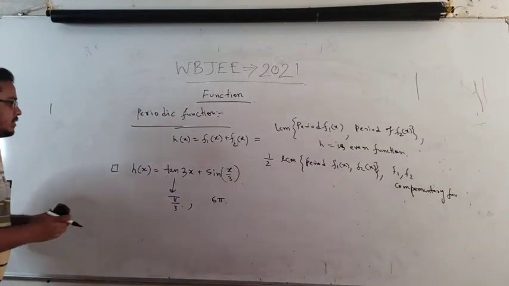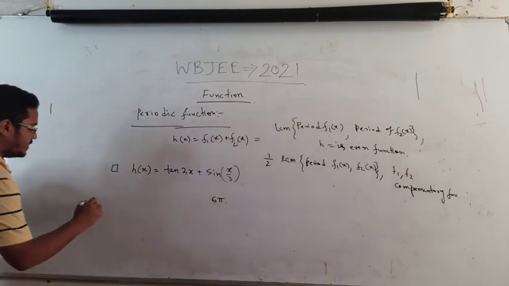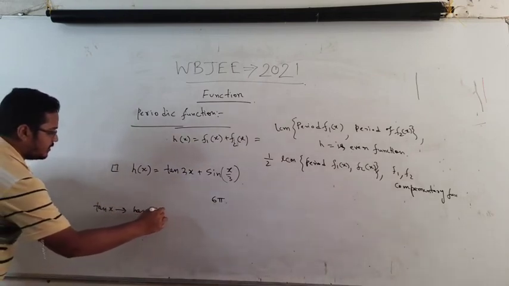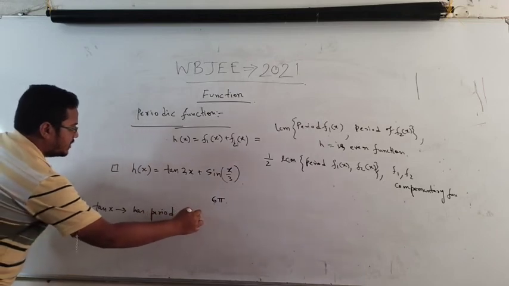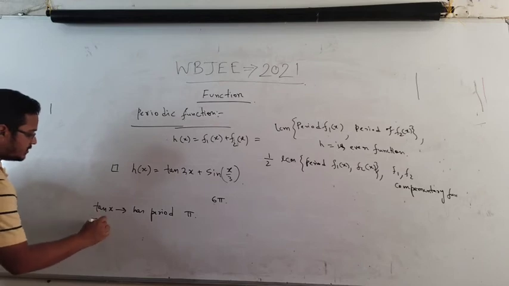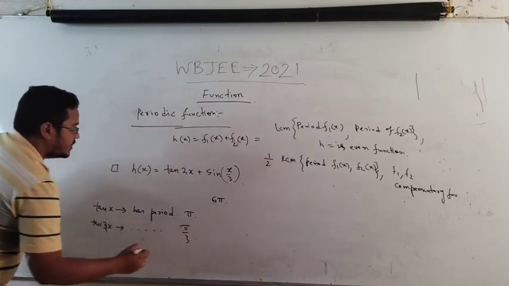Tan x has period π, and therefore tan 3x has period π/3.